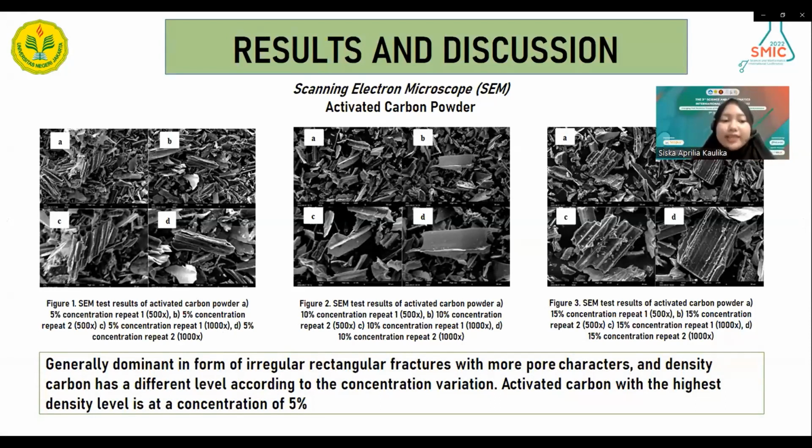And for results and discussion, with the scanning electron microscope, we know that the activated carbon powder is generally dominant in the form of irregular reticular fractures, and the carbon density has three different levels according to the concentration variation. Activated carbon with the highest density level is at concentration 5%.